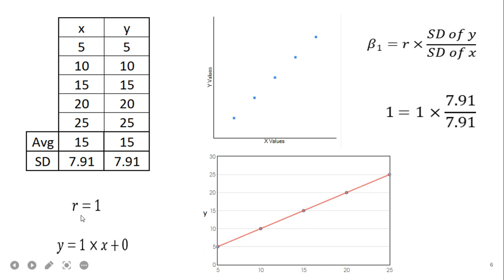So the coefficient of correlation is 1, and the equation is y equals x. Now if we see this formula, here we calculated the slope as 1, the coefficient of correlation is 1, and the standard deviation of x and y is the same. So the left hand side is equal to the right hand side.